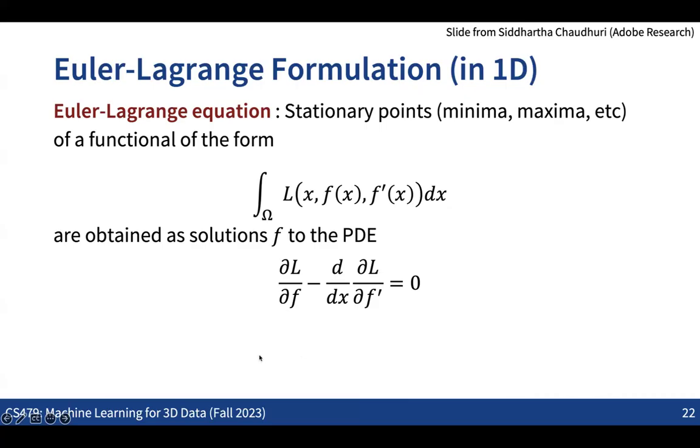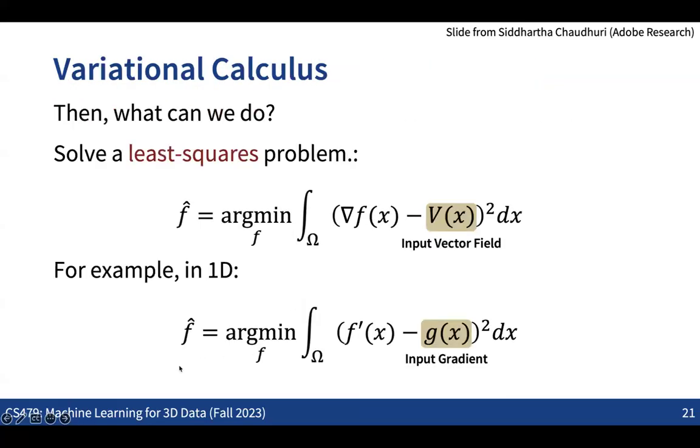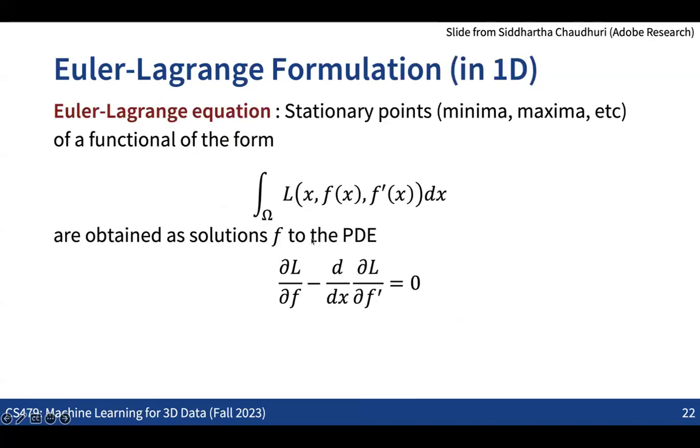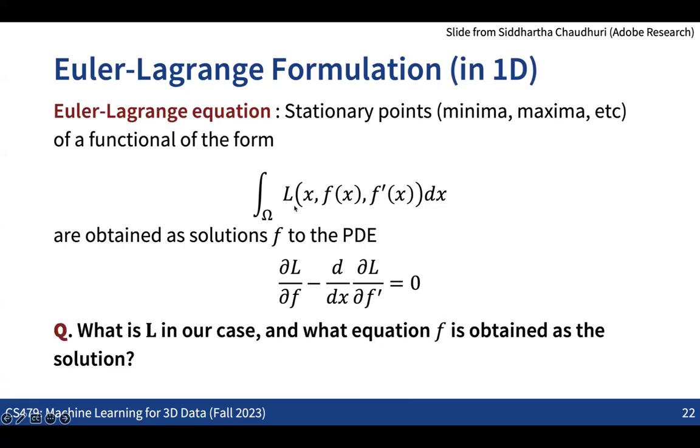Make sense? So here the question is, given this minimization problem, and I recommend you take a snapshot of this, how can we define this function L? And then based on the definition of L, how can we get the solution function f by solving this PDE formulation?